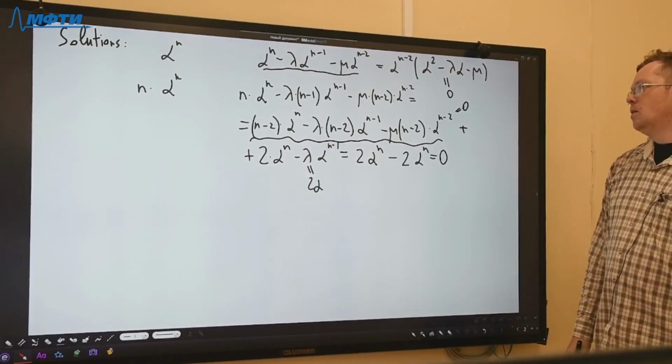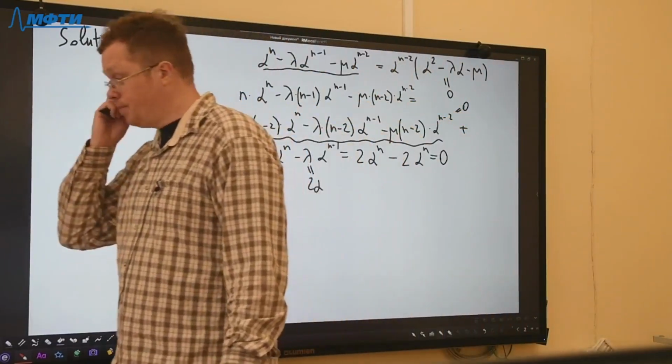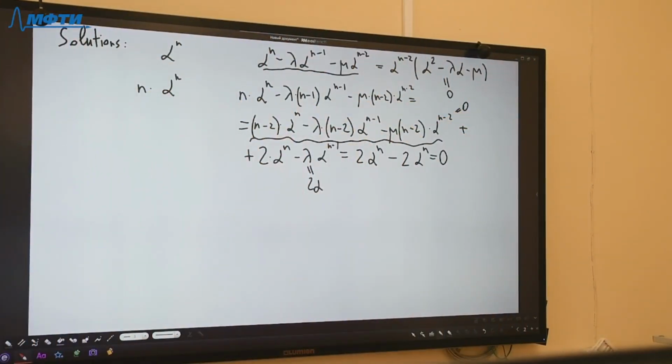So we just checked that we have these two types of solutions, and they are linearly independent, of course, if alpha is not equal to 0.